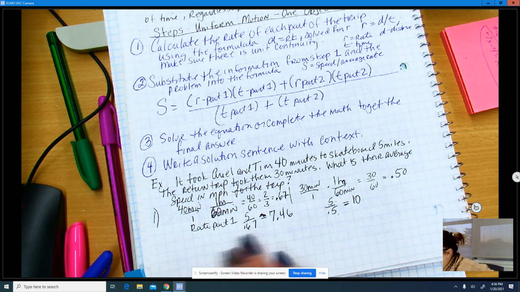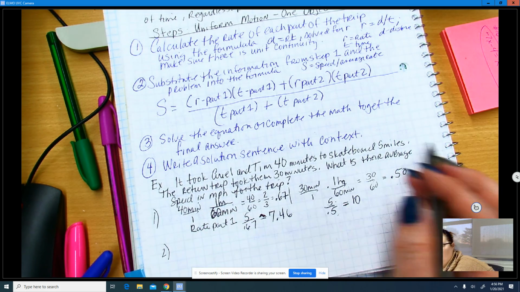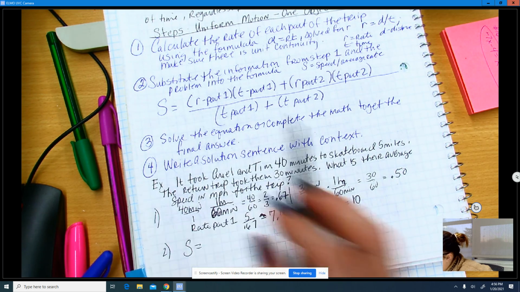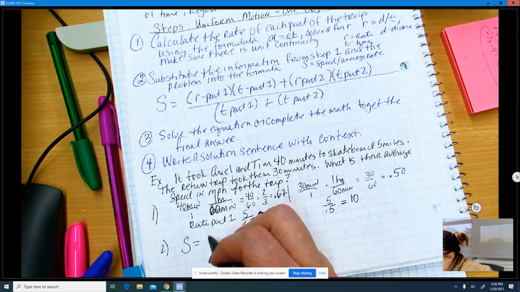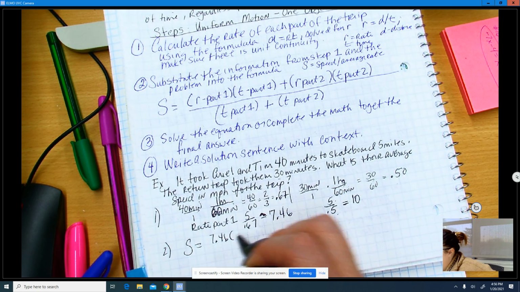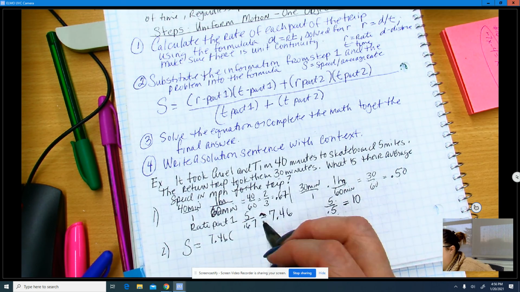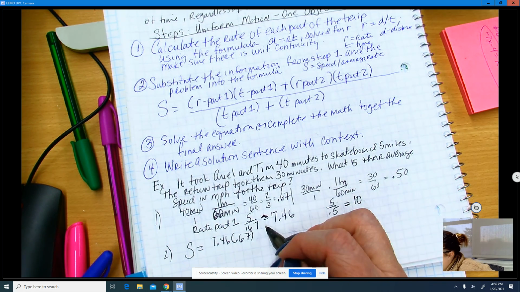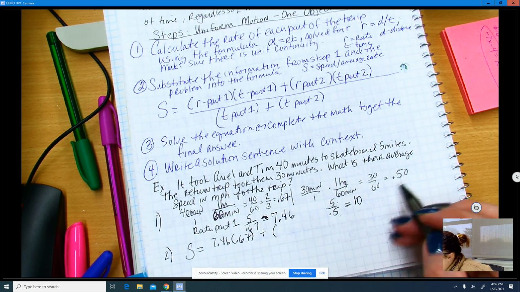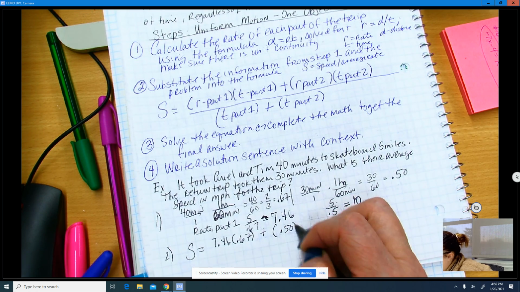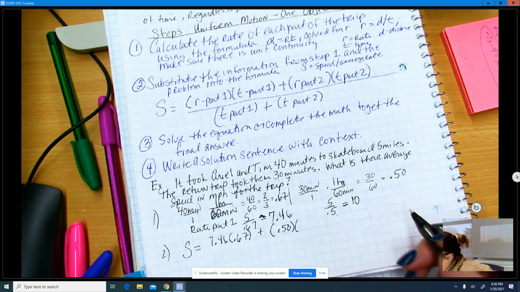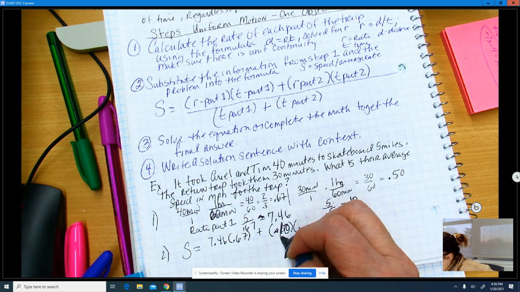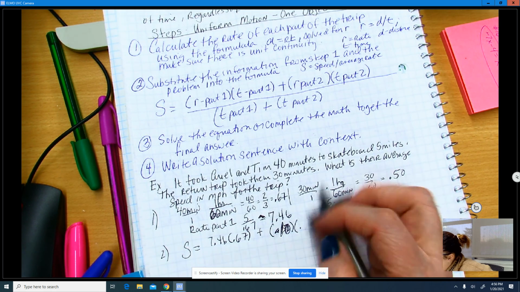So now I'm ready to do step 2 and put everything into the formula. So their speed is going to be equal to the rate of part 1. My rate is 7.46, times the time of part 1, which was 0.67, because remember I converted everything to hours, plus the rate of the second part, which is 10, and the time was 0.50.